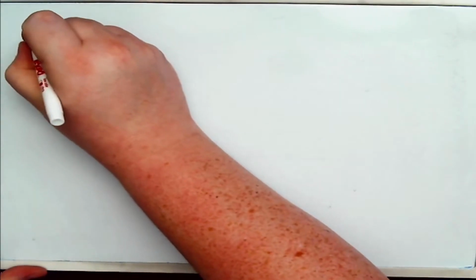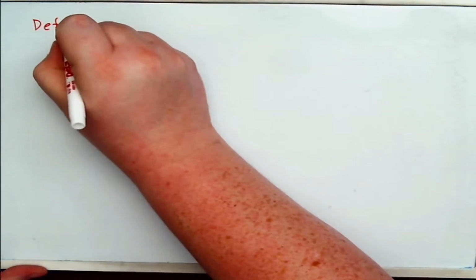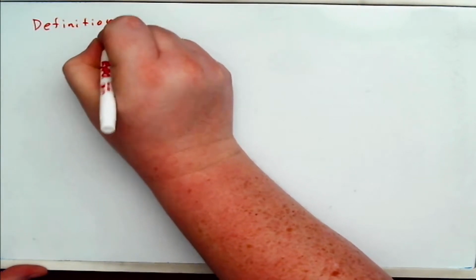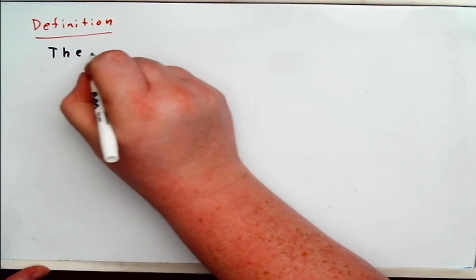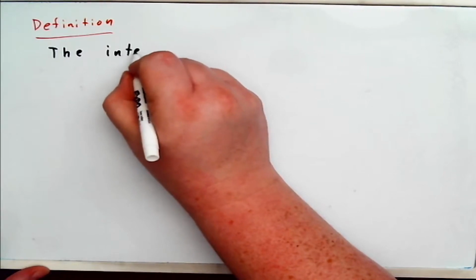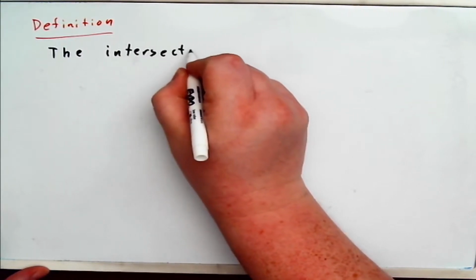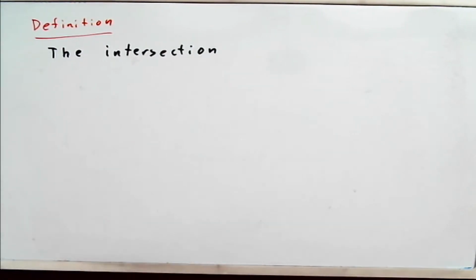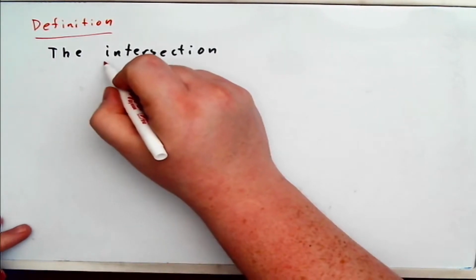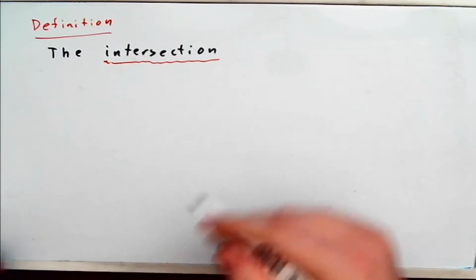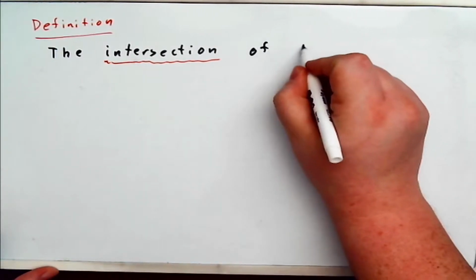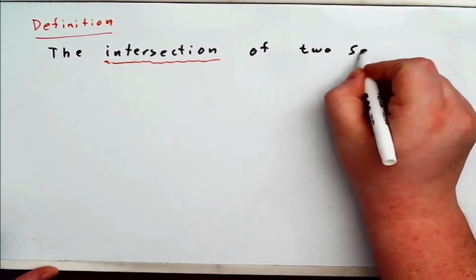Okay, so we need another definition here. Definition. This time we're going to define set intersection. Okay, so the intersection, again, this is what we're defining. I'm going to underline this, keep this in mind. This is set intersection of two sets.